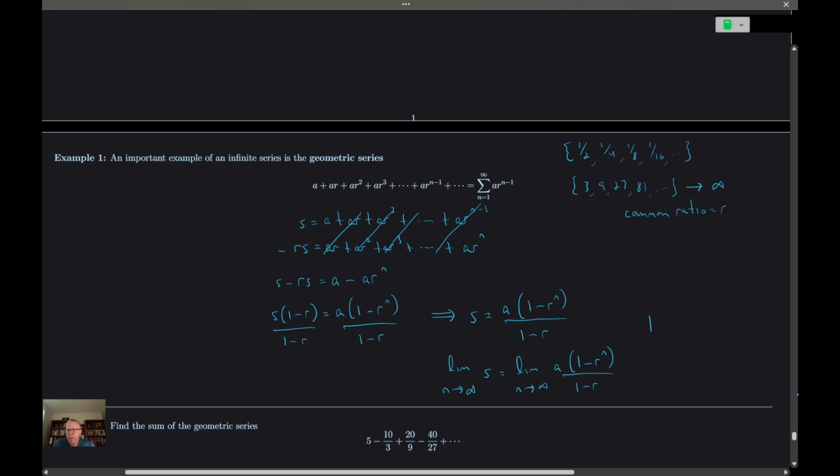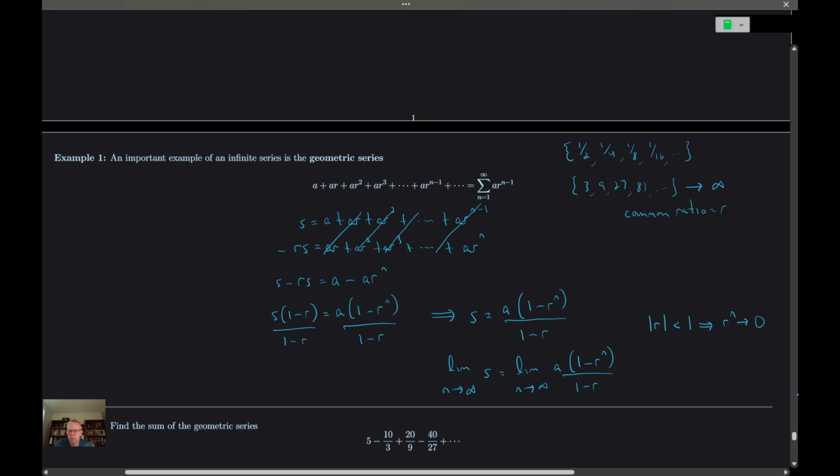So let's say that the absolute value of R is less than 1. So we're in this situation. Now, if n goes to infinity and R is less than 1, that tells us that R to the n is going to go to 0. So you can see that if R is 1/2, these numbers are going to 0 as n gets larger and larger.